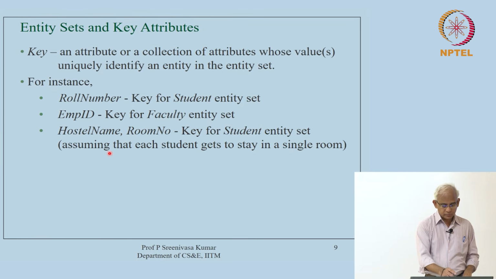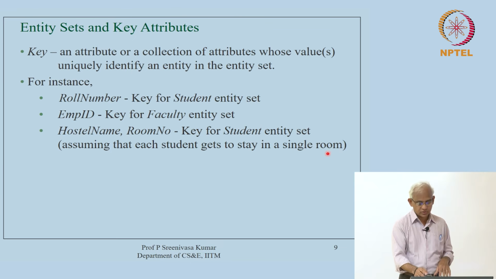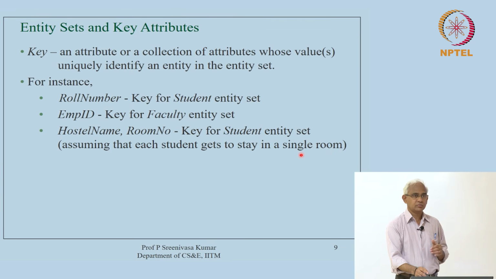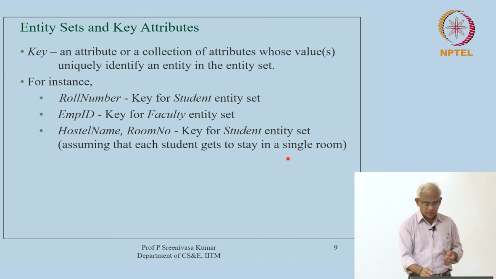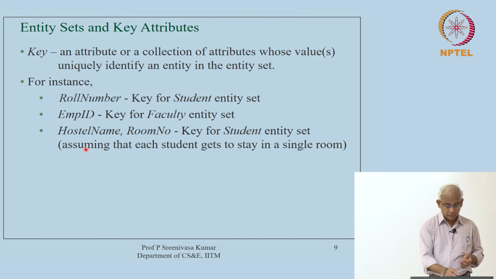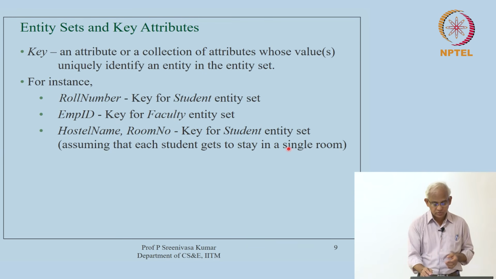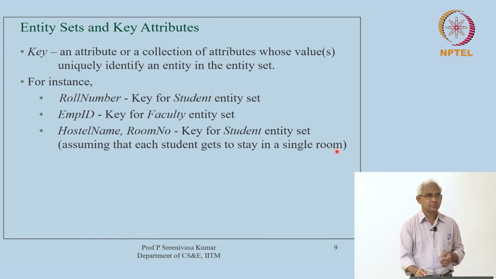Okay. For the same student entity set, let us assume that each student gets to stay in a single room, assigned a single room, and these rooms are there in hostels, and so the name of the hostel and the room number together would be a key under this assumption that each student gets to stay in a single room.